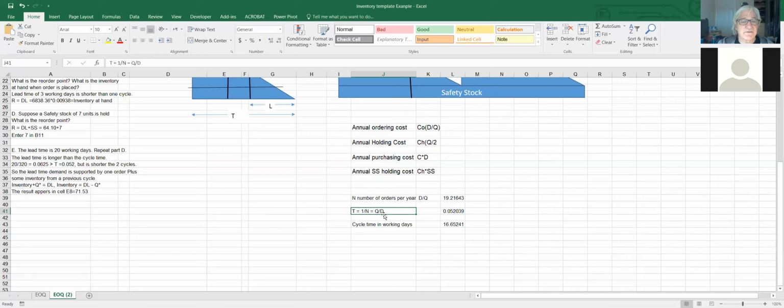In our case, take a look. I also mentioned to you that it's the reciprocal of D over Q. 1 over n is Q over D. That's another way of calculating it.